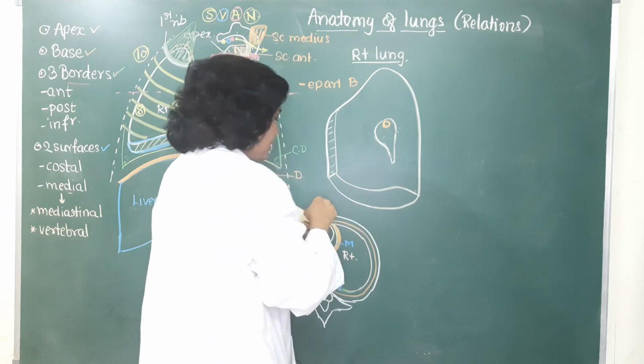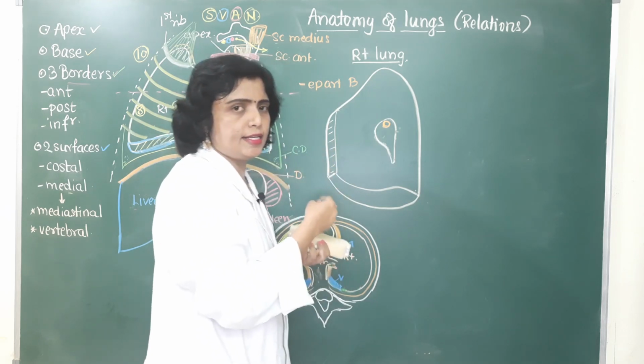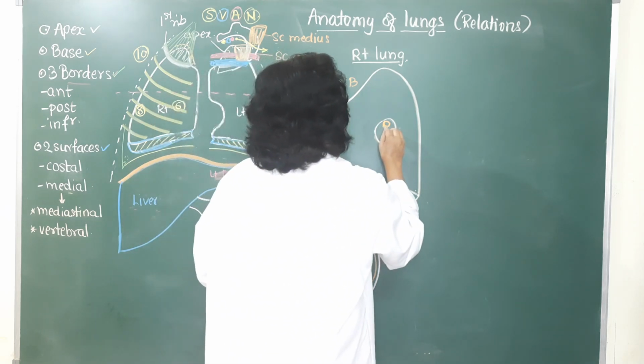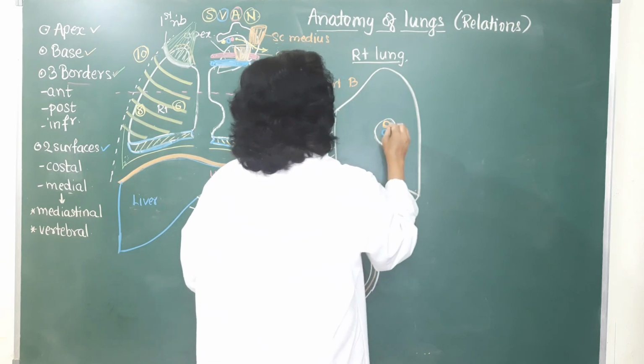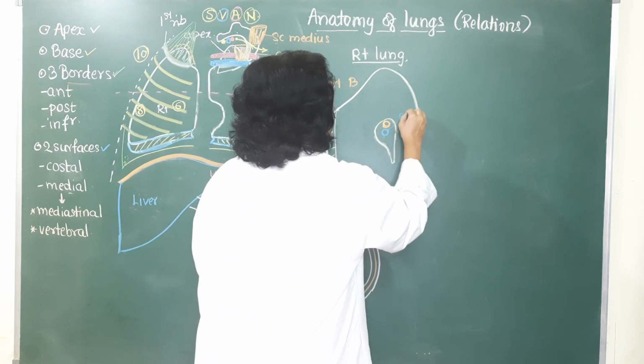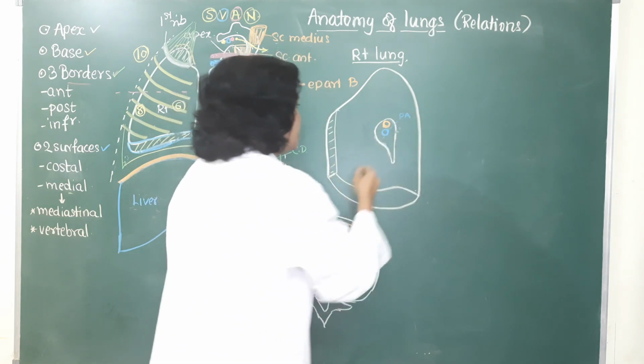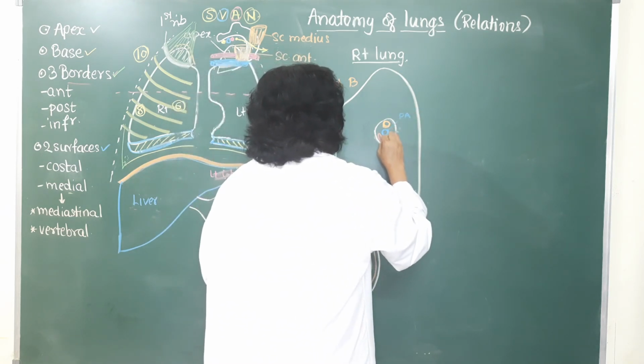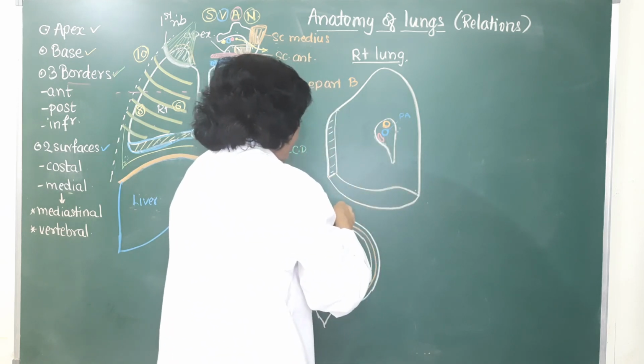Then you get the pulmonary artery. Though it is an artery, it carries deoxygenated blood, so we are drawing it in blue. So this is the pulmonary artery, and then you get the pulmonary vein here, the superior pulmonary vein.